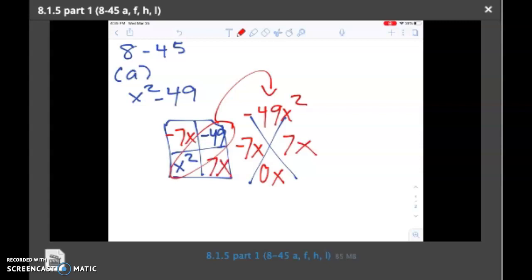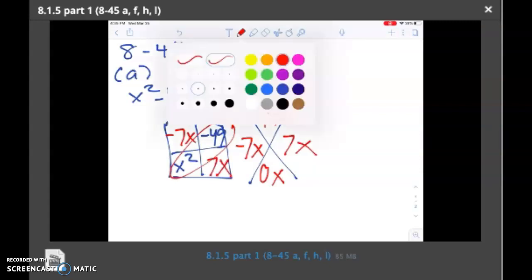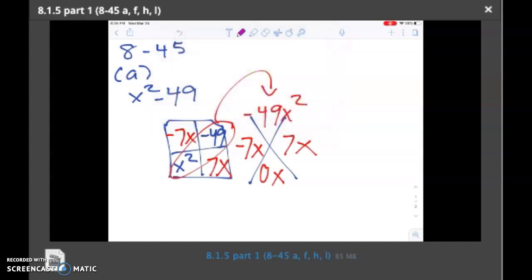Figuring out the dimensions of this generic rectangle, I know to get x squared I've got to go x times x. To get negative 7x, I'm taking x and multiplying it by negative 7. And over here, to get 7x, that must be x times positive 7.